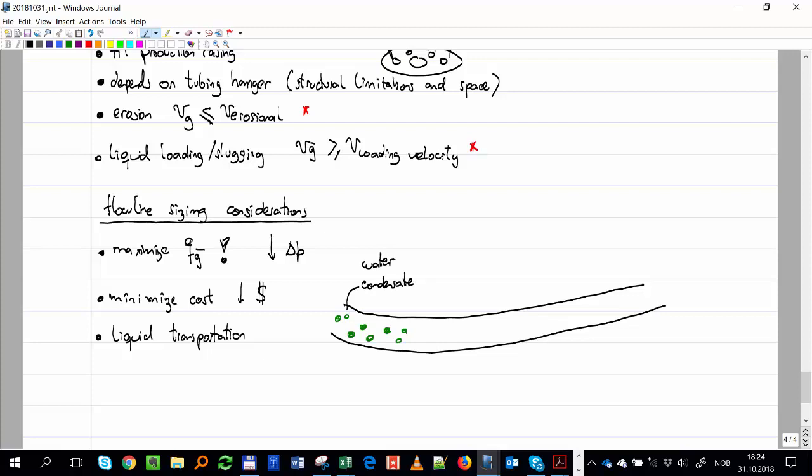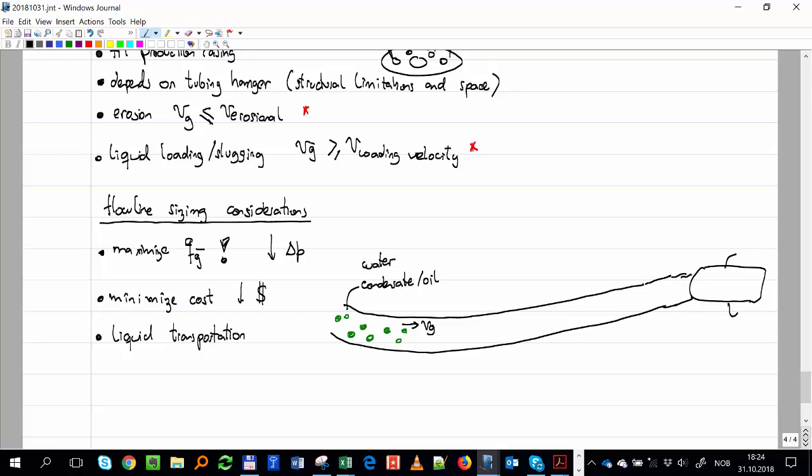Water, just like in the air that surrounds us when it gets cold, you have condensation of water, or it can be condensate, which is basically a light oil condensing from the gas. The velocity of the gas has to be enough to drag these liquids and take them further to the end of the line, where you have a separator or whatever you have.